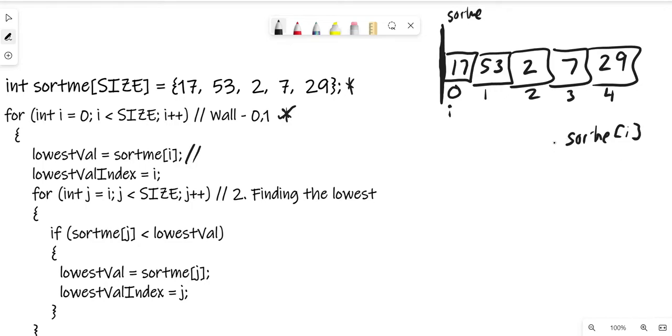Which means that my lowest val is equal to 17. And then my lowest val index is i, which in the initial case is 0.